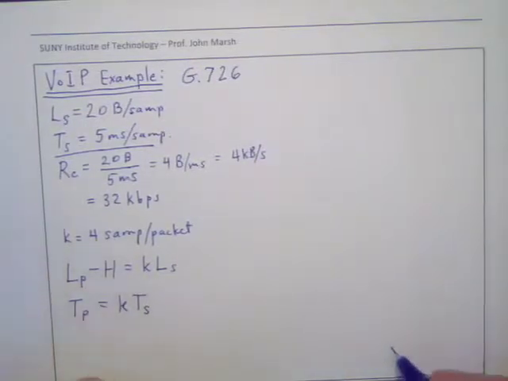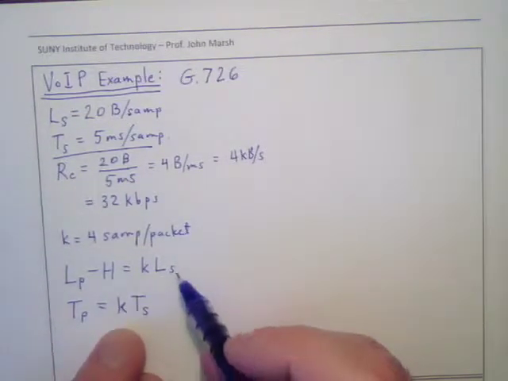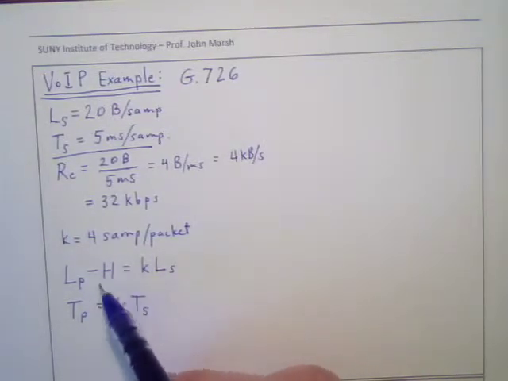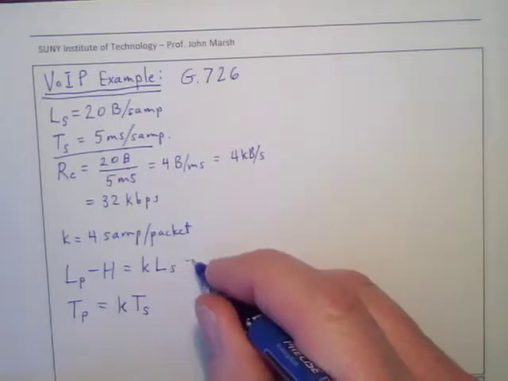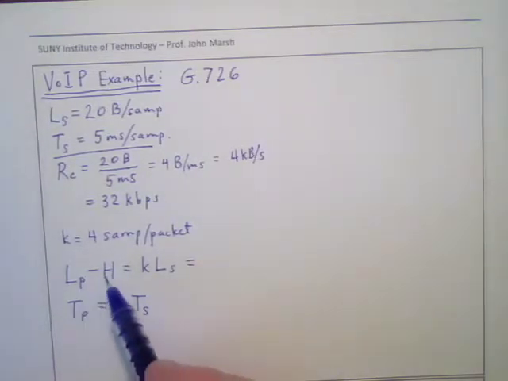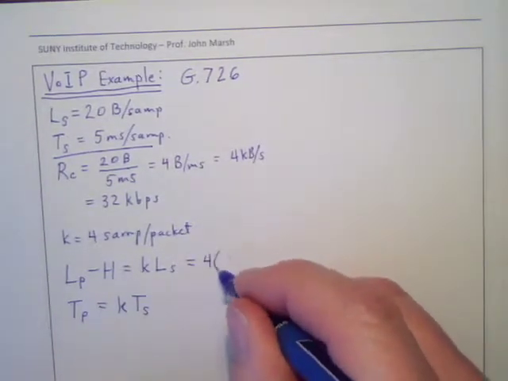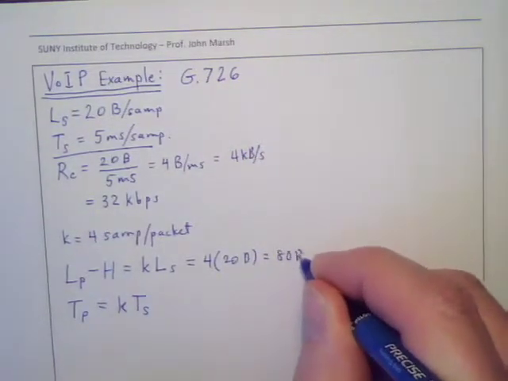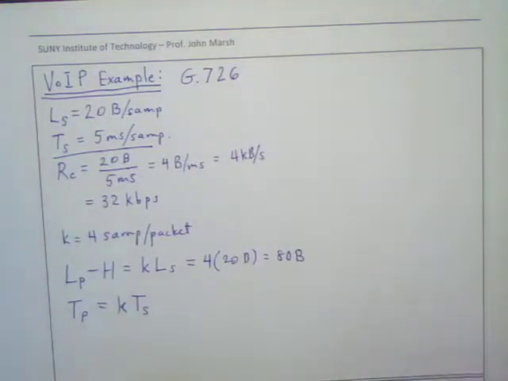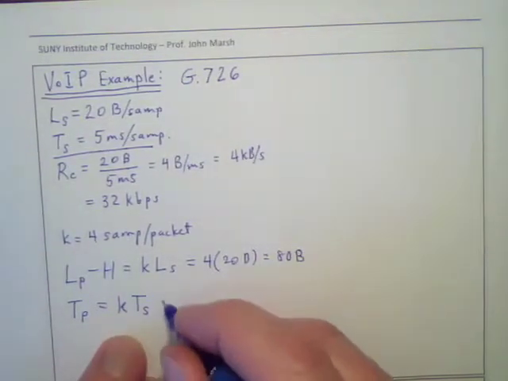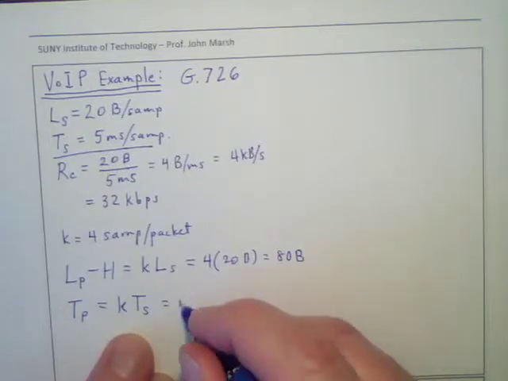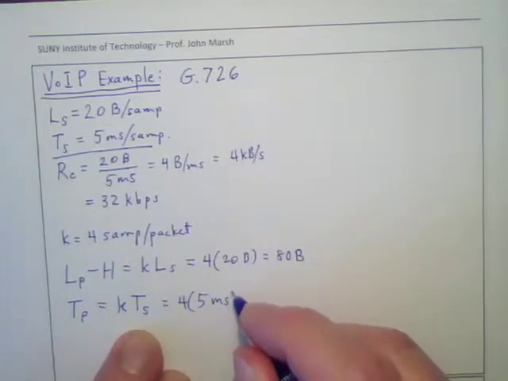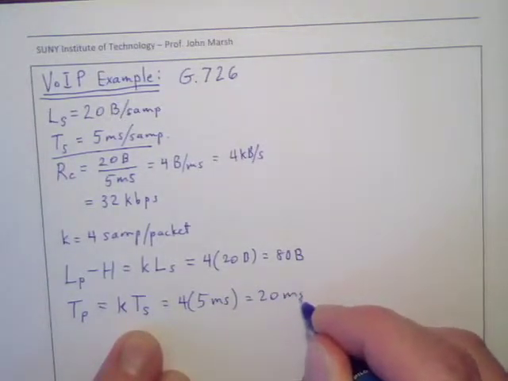Therefore we can calculate the length of a packet. We also have to know the header, but we can calculate LP minus H as 4 times 20 bytes, and that gives me 80 bytes, the same as on that Cisco document. And the time for a packet is 4 times 5 milliseconds, which is 20 milliseconds.